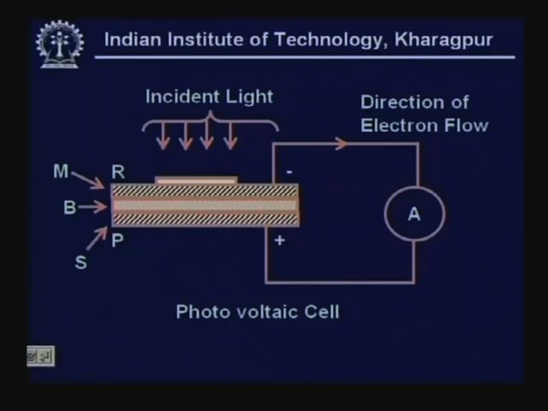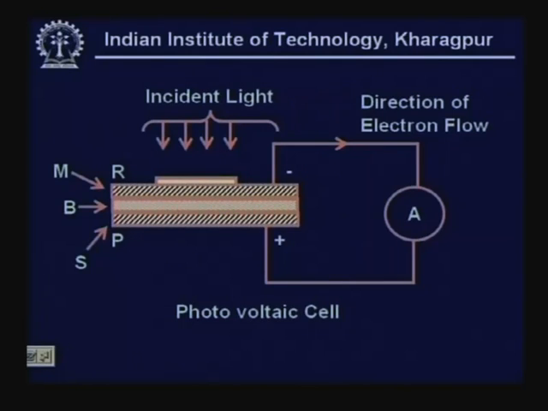It appears to be 3 layers, but essentially there is a small thin semiconducting layer S, there is a small gap on top of which a transparent thin metallic layer M is placed. This gap is talked about as the barrier, and this is the transparent layer on which the light is incident, and as can be seen there is a region marked R, which is the covered part, that is coated with some metal.